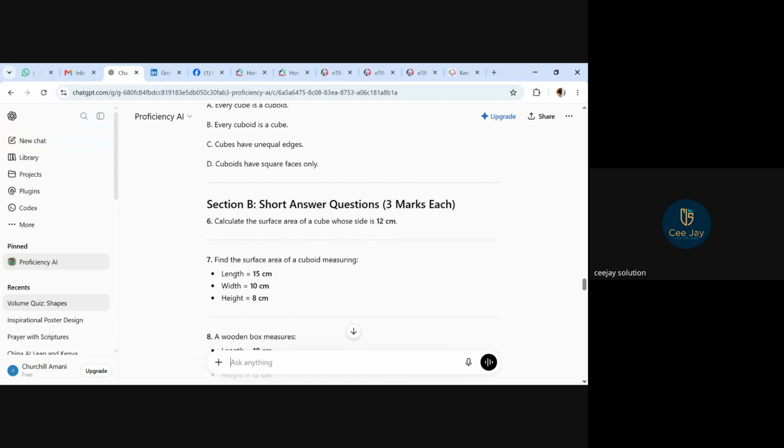Find the surface area of a cuboid measuring length is 15 centimeter, width is 10 centimeter, height is 8 centimeter. Tufanye hii ya mwisho because I see time imesonga. I didn't want us to stay here more than 1 hour.